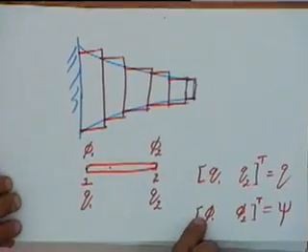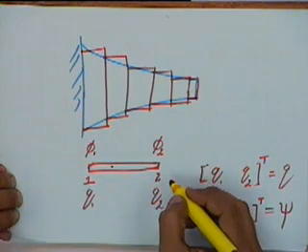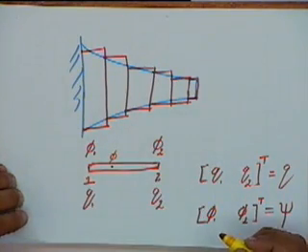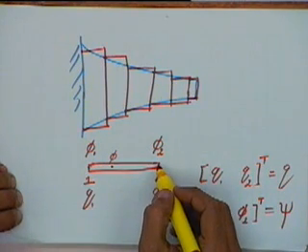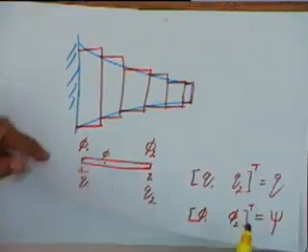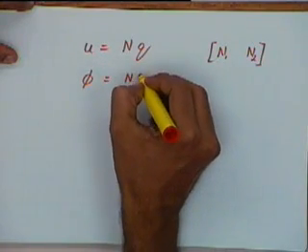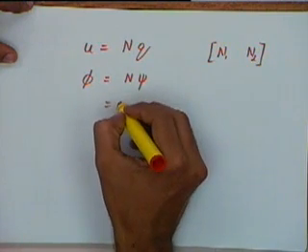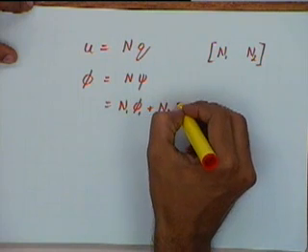Similarly, if we want to find out the virtual displacement at any point inside this element, let us say the virtual displacement here is phi, we will again say that this phi will be a linear combination of phi 1 and phi 2. So we will say phi will be equal to n times psi, or this is the same as n1 phi 1 plus n2 phi 2.